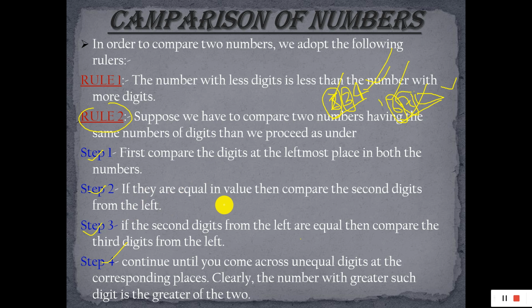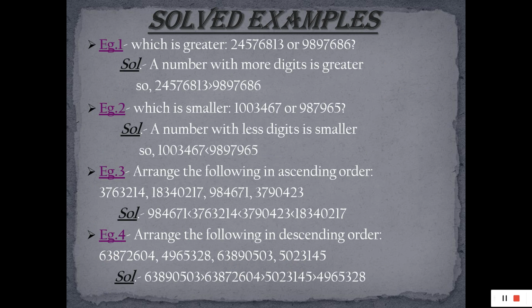Next, if the leftmost digits are equal, then we compare the second digit. If they are equal, then we compare the third digit, and this process goes on until you come across an unequal digit. So here are some solved examples you can see and try yourself.